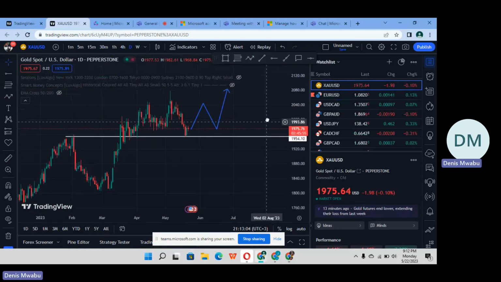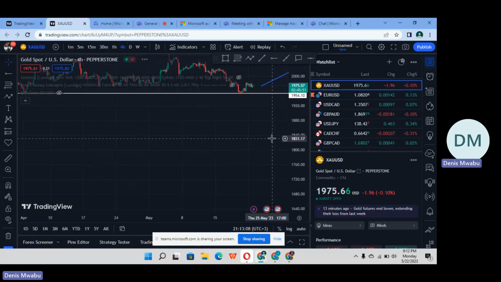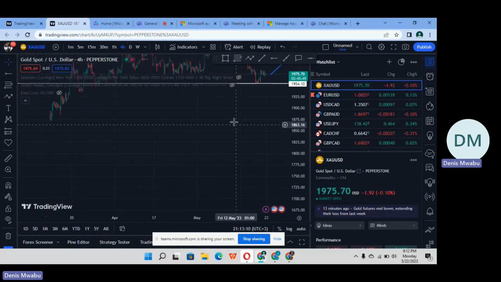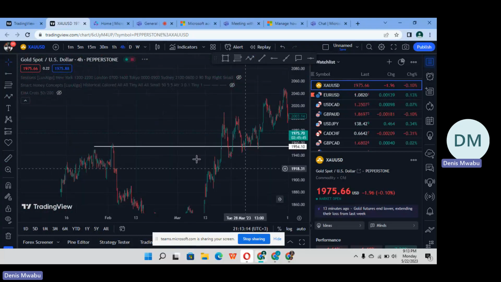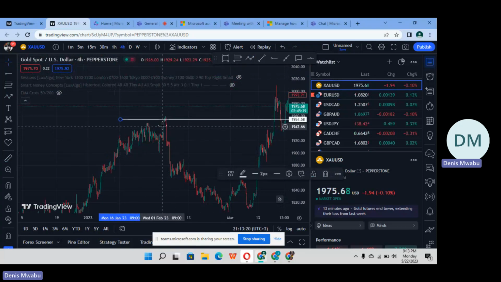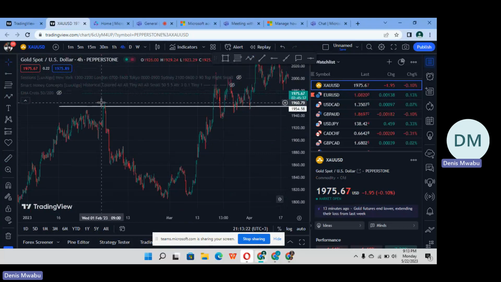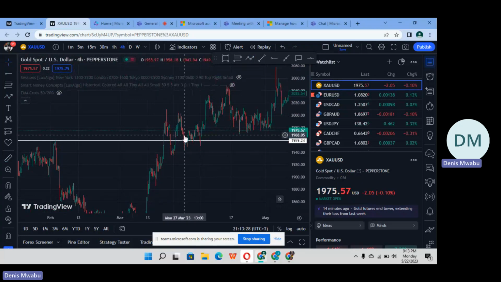Okay, so this is support and resistance. If I come now to the 4 hour time frame and look at my support and resistance levels, you can see that this was a strong support that gave this push down. So this was a push down, it was broken.